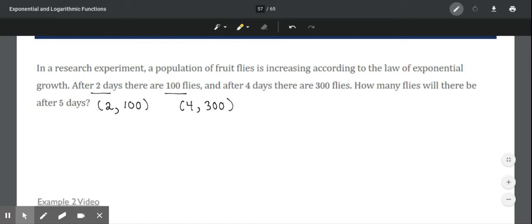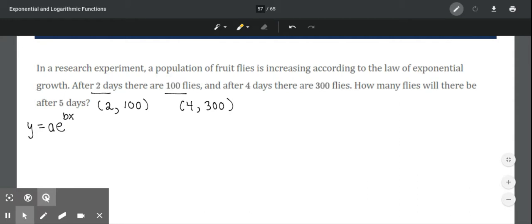Okay. Remember back from our previous slide when we had all our different growth models, this is going to be exponential growth. So we're using the model y equals a e to the bx, right?